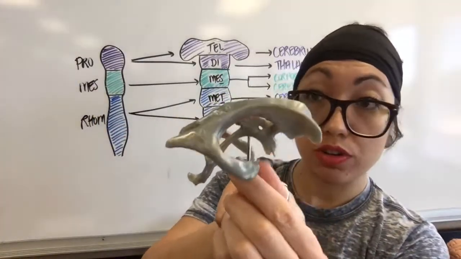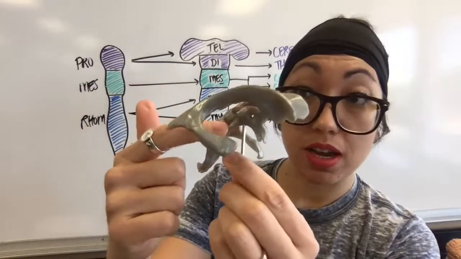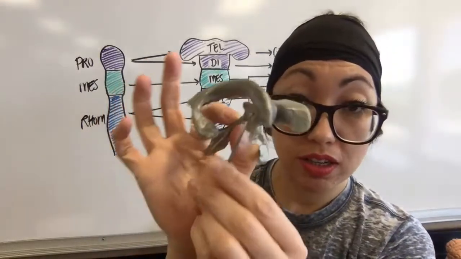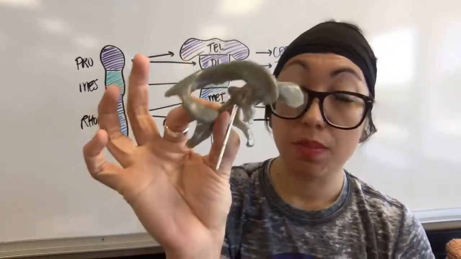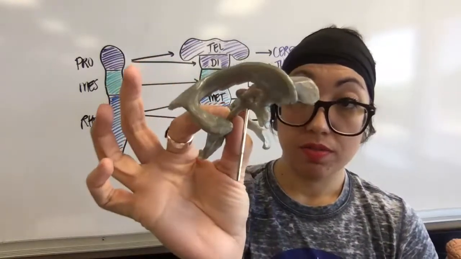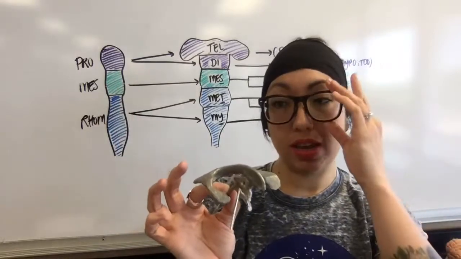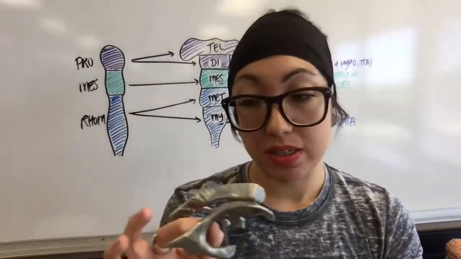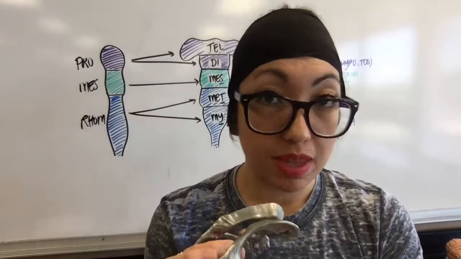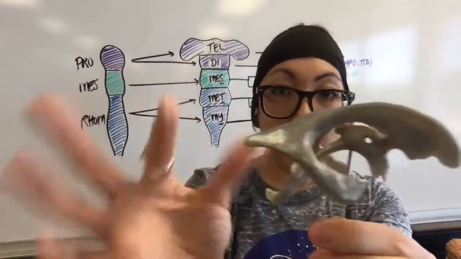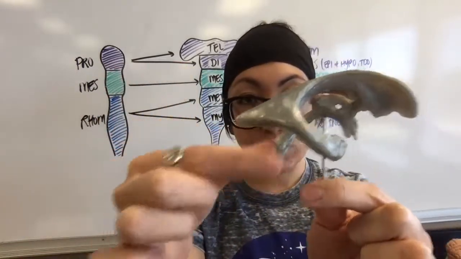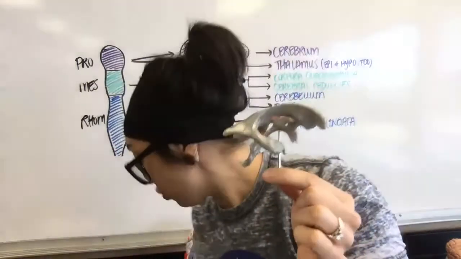From the third ventricle, we're going to go into that cerebral aqueduct. It kind of looks like the neck of a bird. Or mesencephalic aqueduct is how you'll see it on the sheep brain specimen. It's the same thing. And then this little pointy triangular part is the fourth ventricle.